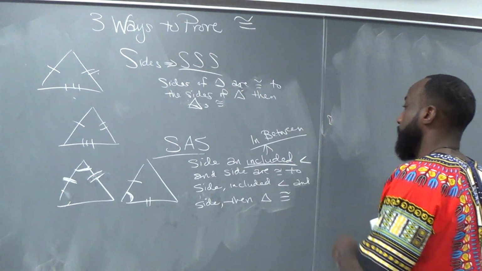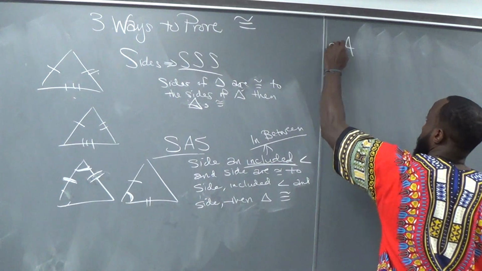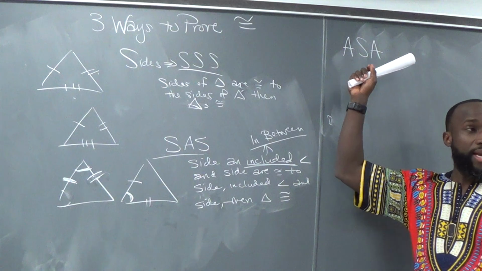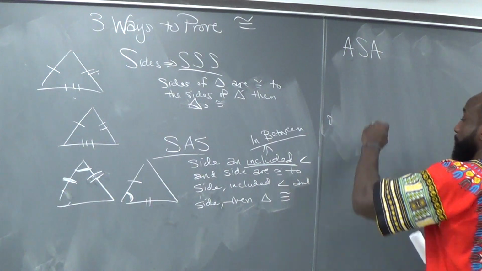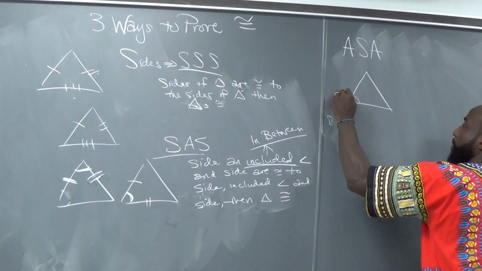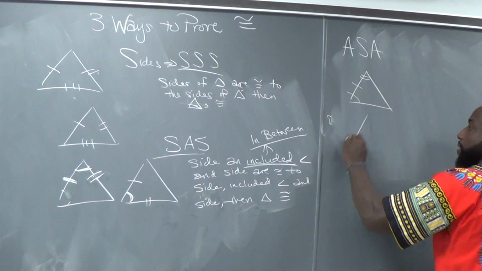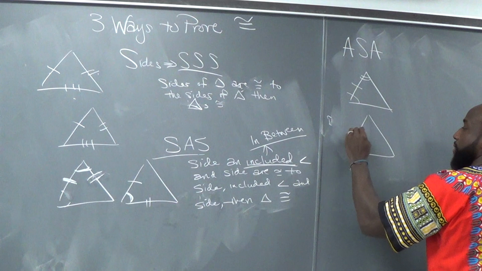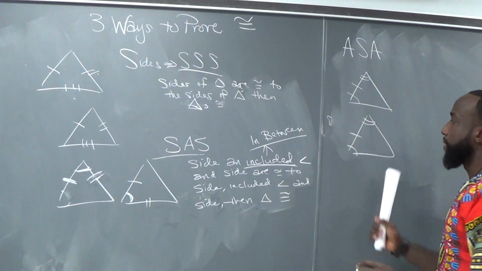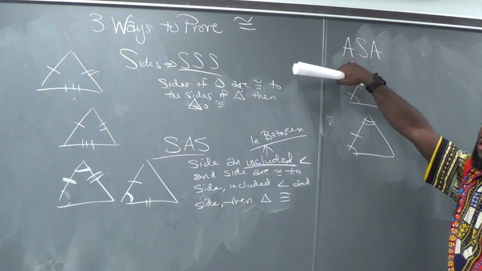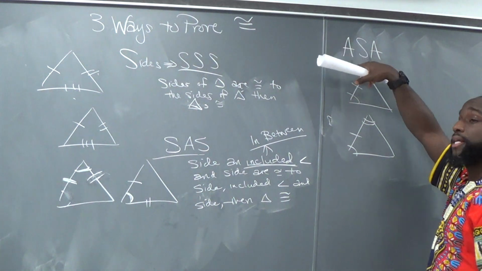The next one is going to be based on the angle, an included side, and another angle. Included means in between. So it's an angle with a side in between another angle.